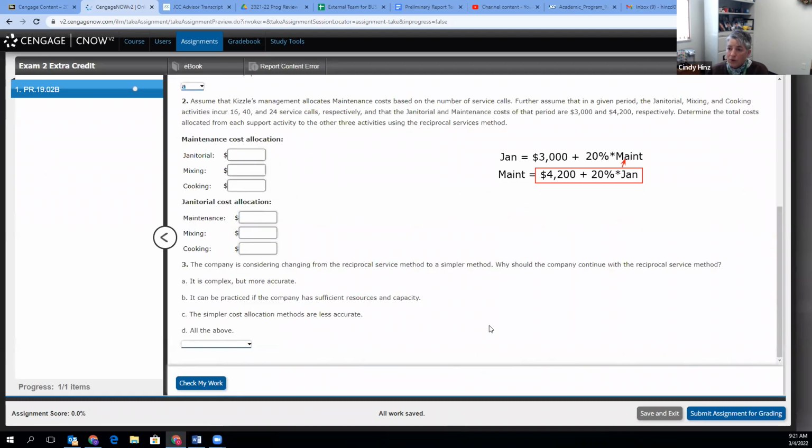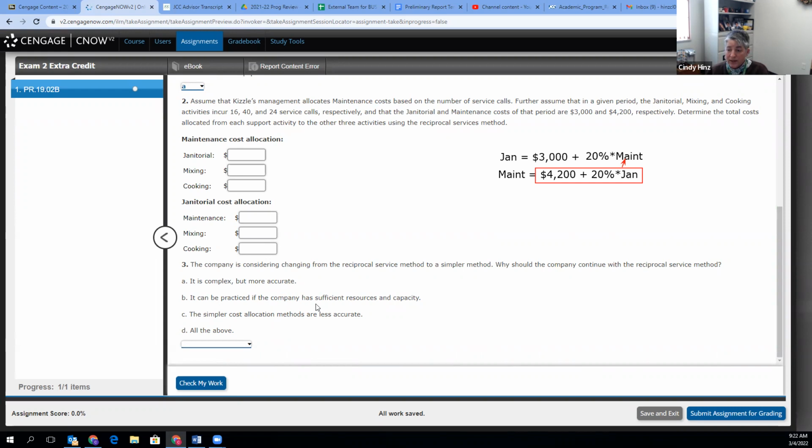The last question then is, the company is considering changing from the reciprocal service to a simpler method. Why should the company continue with the reciprocal service method? Let's read through these answers. It is complex but more accurate. That's definitely true.